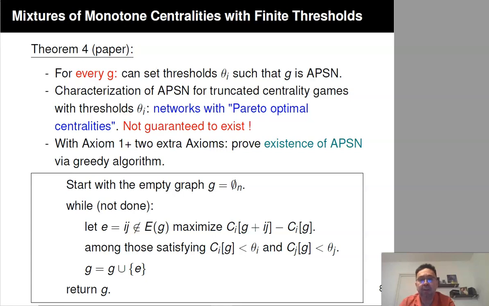However, the characterization in its most general form doesn't guarantee the existence of an APSN, and in a couple of cases where you have monotonicity plus some extra axioms, we can prove the existence of an APSN via a greedy algorithm.